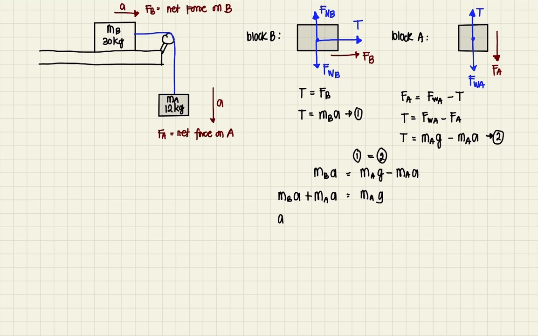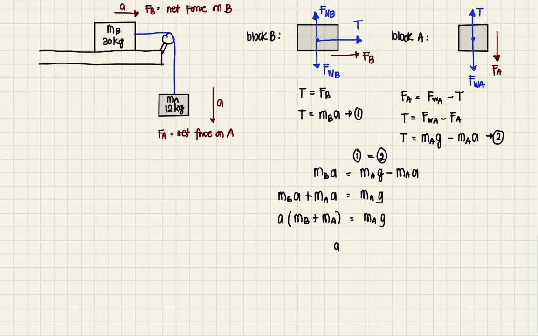Take note that even if we are given these masses and the acceleration due to gravity, I'm not yet substituting the values because I want to show everyone how the equations are derived. The substitution will be done at the end of the solution. So M_B plus M_A, times a, equals M_A g.